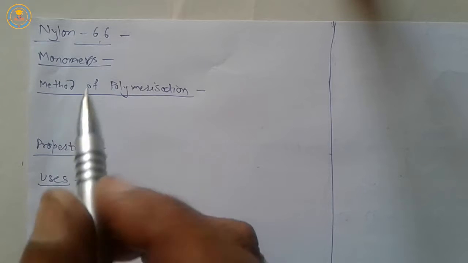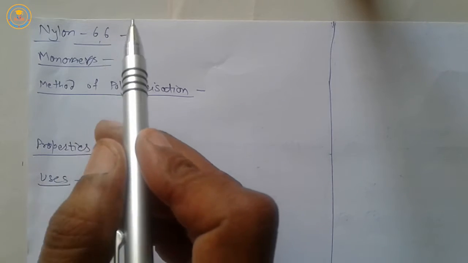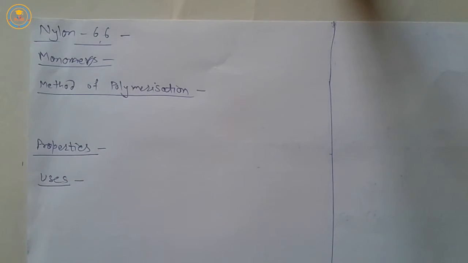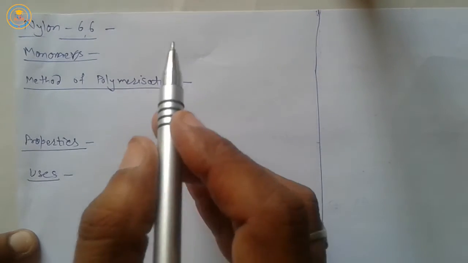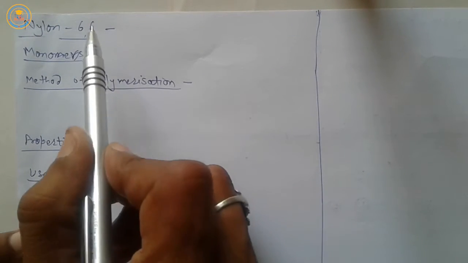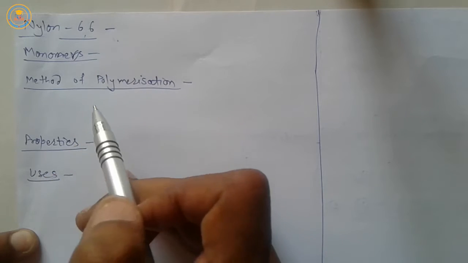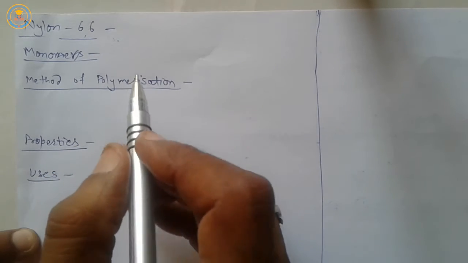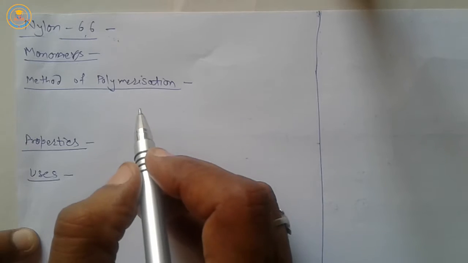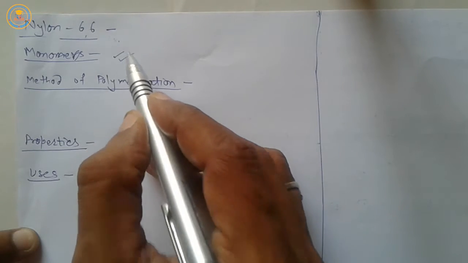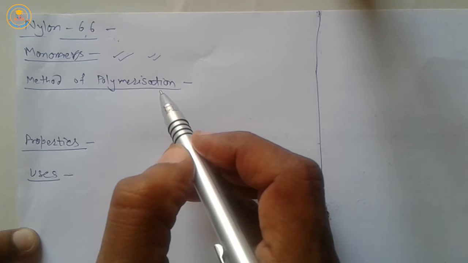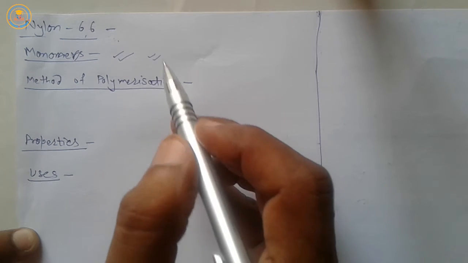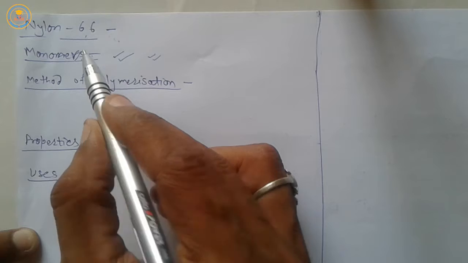So, first of all, we discuss nylon 66. Similar to nylon 6, it is a polyamide. We have already discussed that hexamethylene diamine and adipic acid are the monomers of nylon 66.